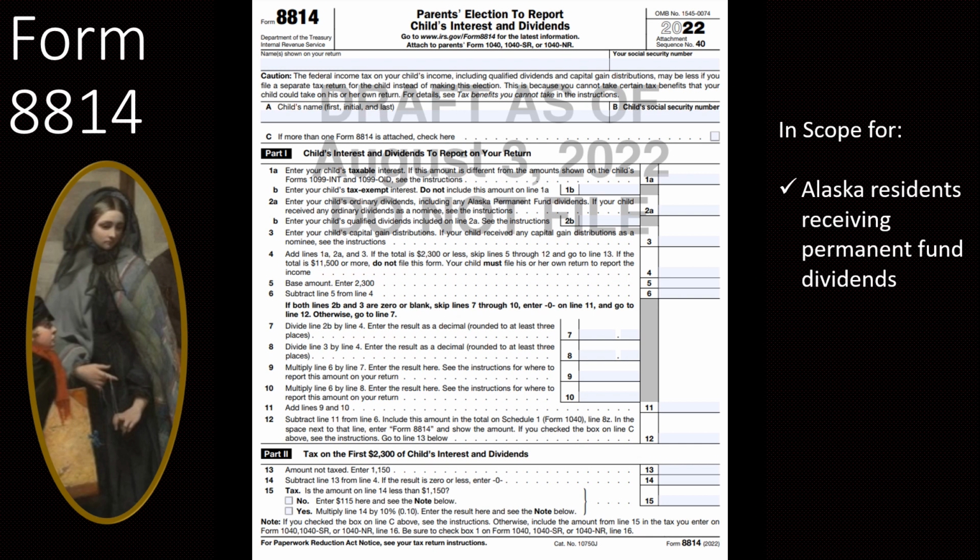But parents might choose to do this if none of the situations that would reduce that tax would apply, or if it's just easier. So this form here is in scope only for Alaska residents receiving the permanent fund dividends.